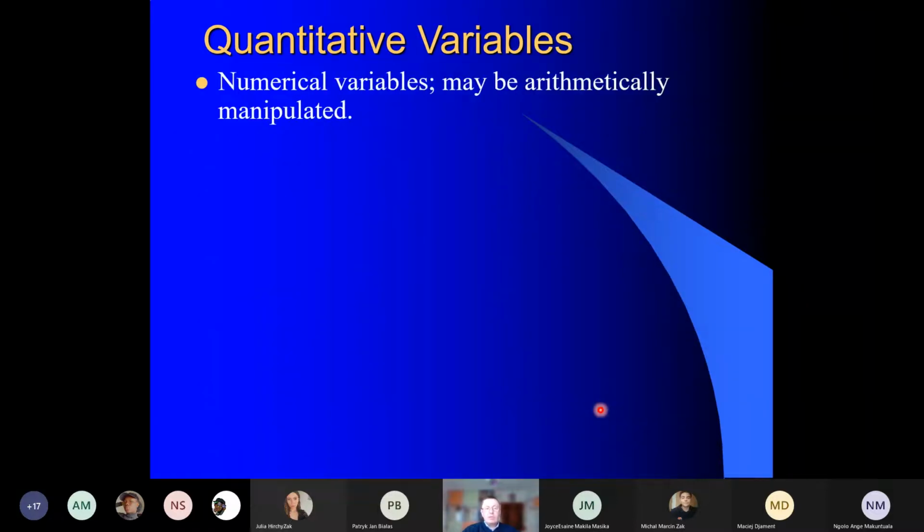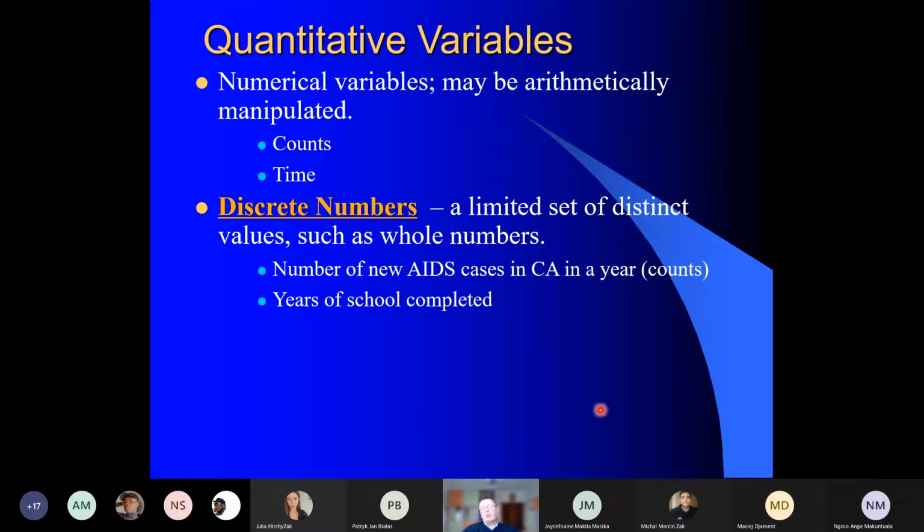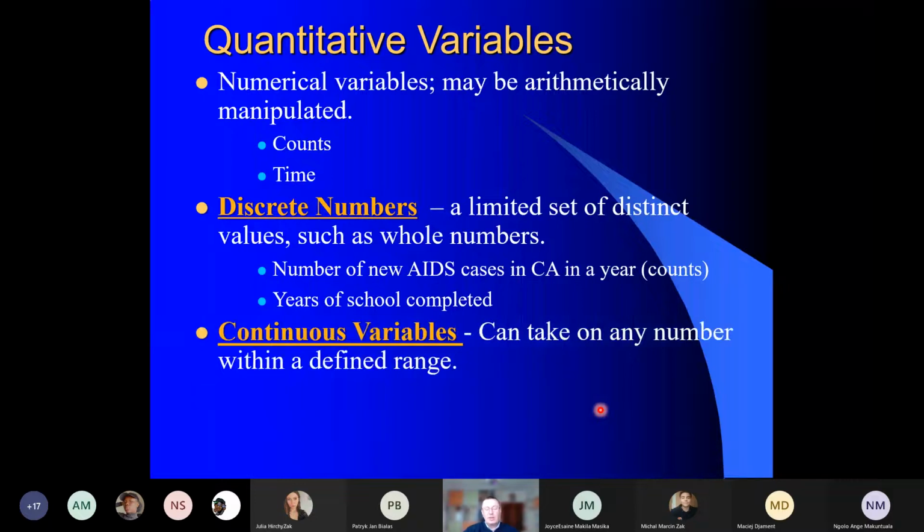Okay, quantitative variables are numerical and can be arithmetically manipulated, like various counts and times. Discrete numbers are a limited set of distinct values such as whole numbers, like the number of COVID cases, or the number of vaccinated people in a specific country for a time interval, and so on.